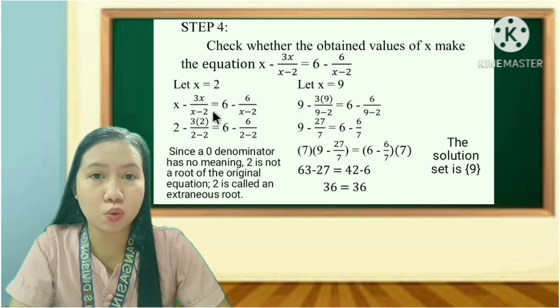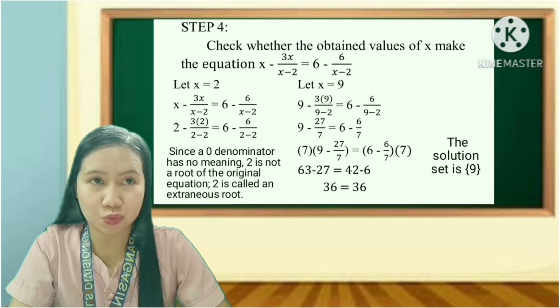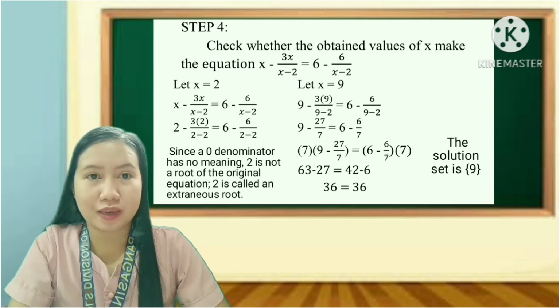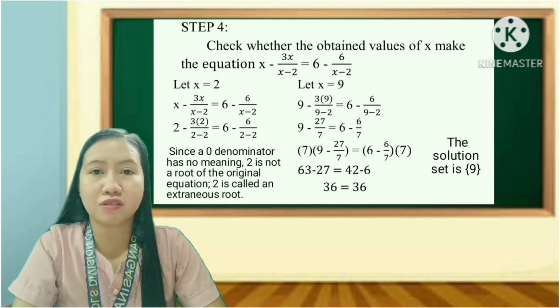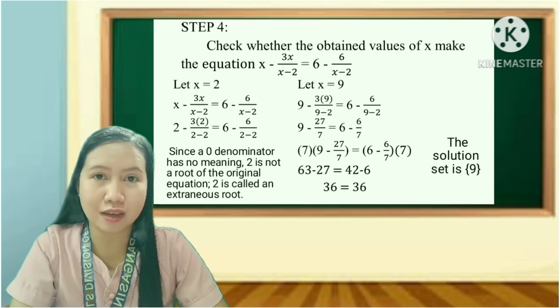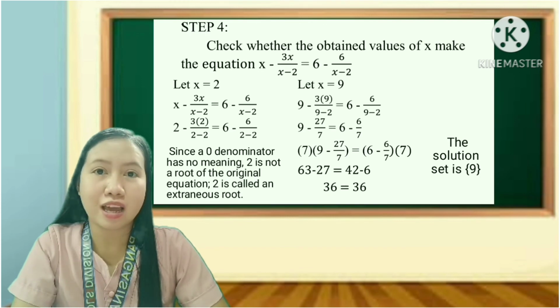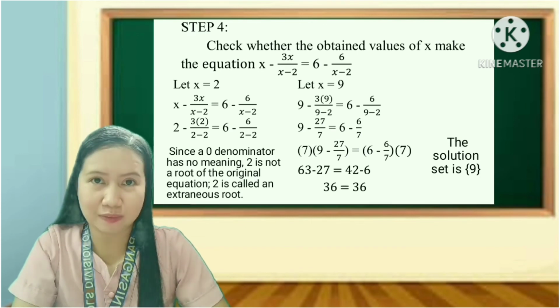Again, 2 is not a root of the original equation because 2 is called an extraneous root. Okay, so those are the examples of our lesson for today. I hope you learned something or you learned a lot in our lesson for today.